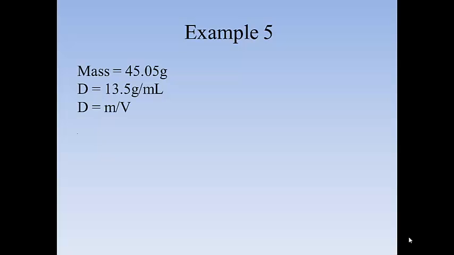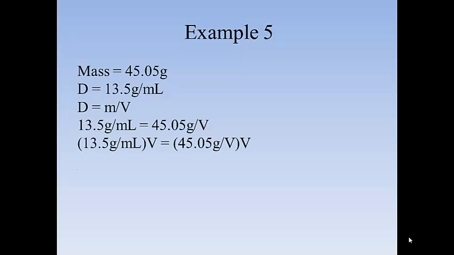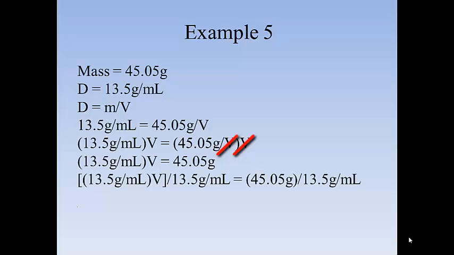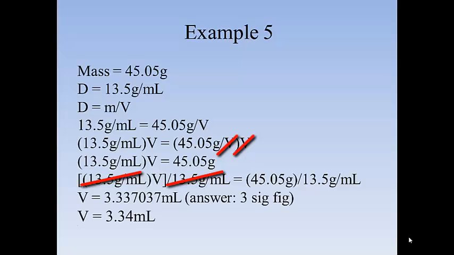You know the formula. You plug things in. Multiply both sides by volume so that it cancels out on the right-hand side. That leaves you with this equation. Divide both sides by 13.5 grams per milliliter so it cancels out on the left-hand side. You're left with this, but you should only have 3 significant figures, and therefore you get 3.34 milliliters as your answer.